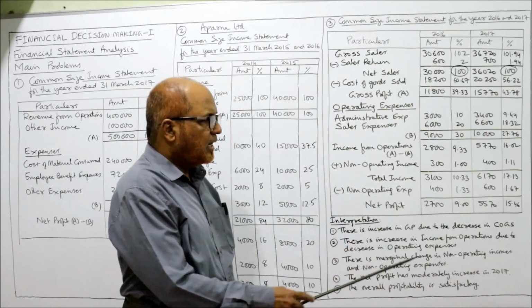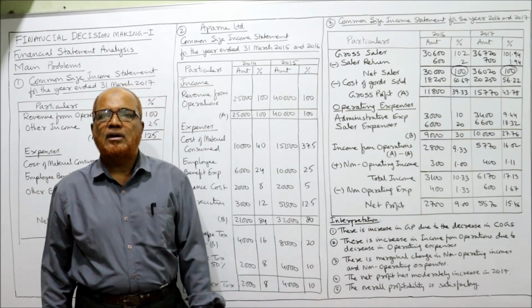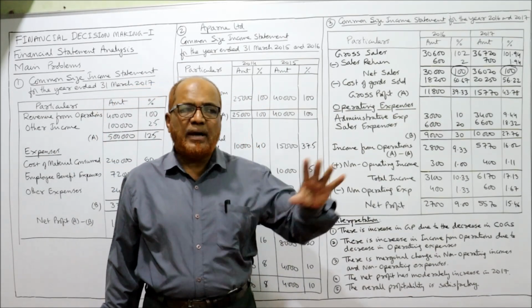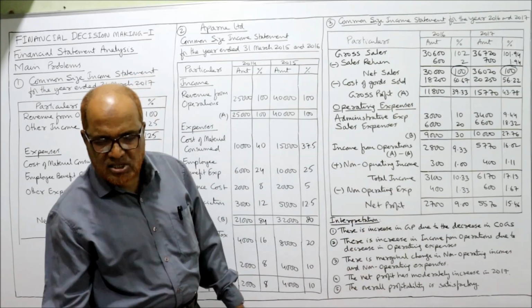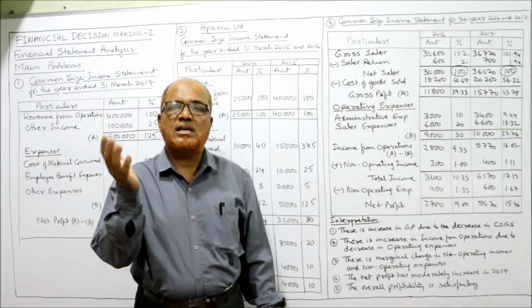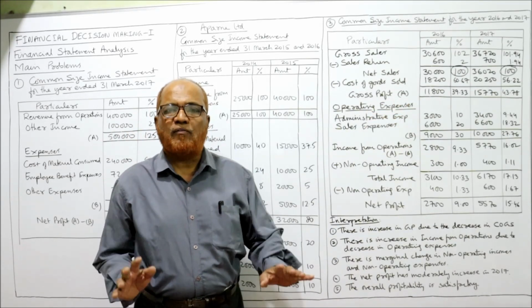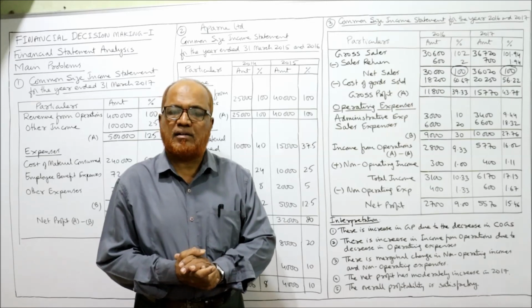So comparatively, last year 9%, current year 15.46%. Now the final conclusion. By calculating all these percentages, we come to know that the profitability position has improved in the year 2017. The profitability is satisfactory.